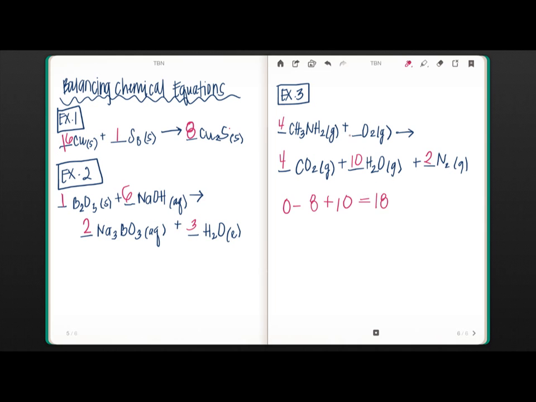So on the reactant side, if you do 18 divided by 2, that equals 9. So that means that your coefficient is 9. And if you double check it, it should all be balanced out.